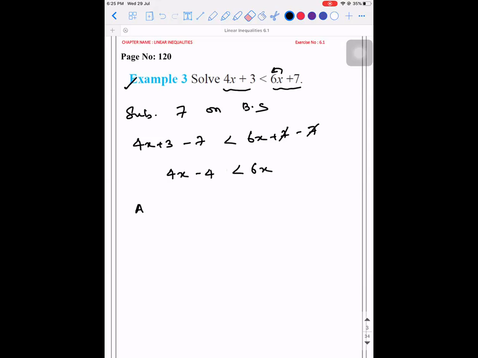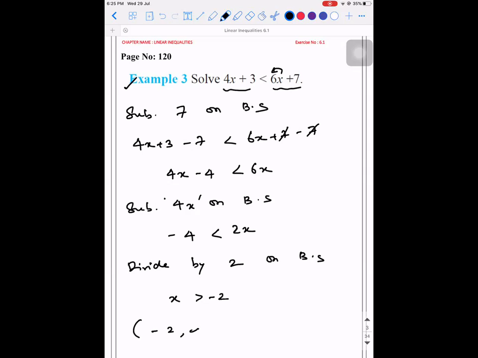Now, subtract what? 4x on both sides. So minus 4 will be less than 2x, which implies, after this, what are we supposed to do? Divide by 2 on both sides. So what will you get? x will be greater than minus 2.